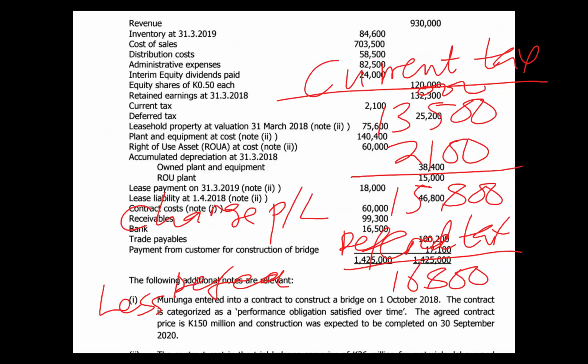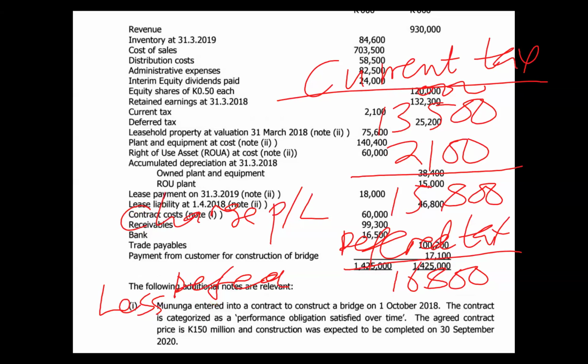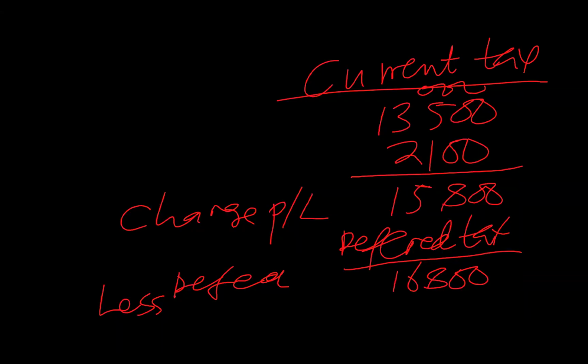25,500. And we said that if the provision is on the credit side, that's an over provision, you deduct, isn't it? That's what I just said. So you go here and deduct from this very amount.